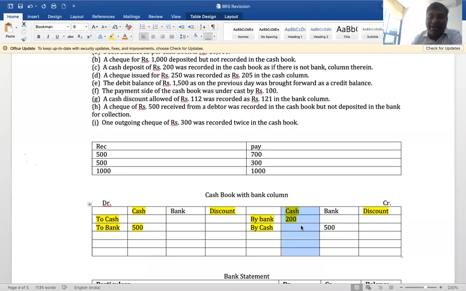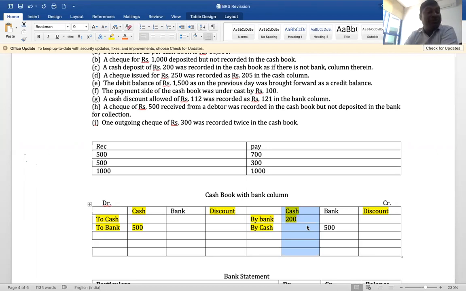What is important is, when a check is issued, did you mention that in the bank column? When a check is deposited, did you mention that in the bank column of the cash book? So here 250 is not mentioned in the bank column. That we will account for. It is to be reduced. It is not reduced. We will reduce it now.